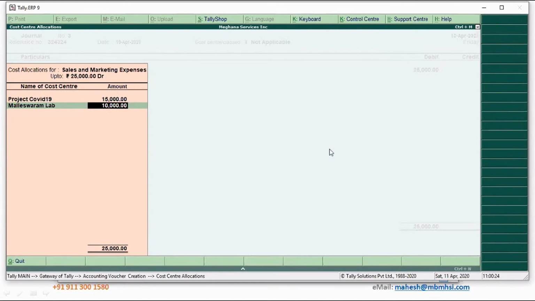Only GST amount. No, I didn't understand your question, Miloni. You want to speak out? Should I open the voice for you? Yes, one second, just be on the line.